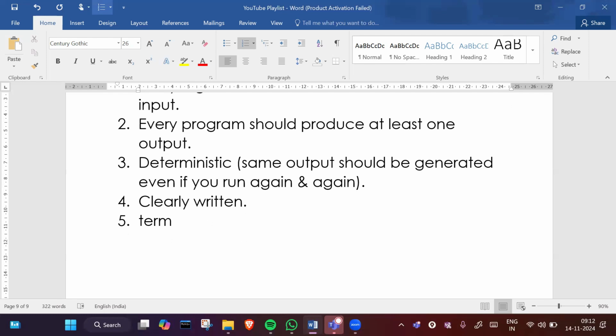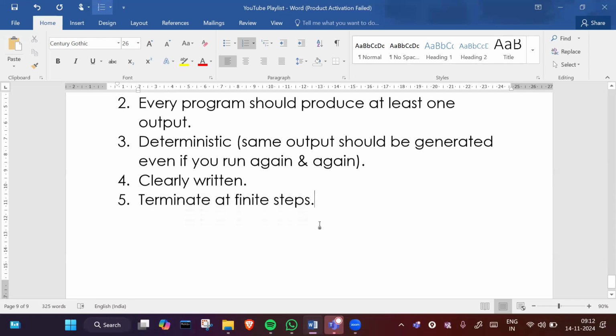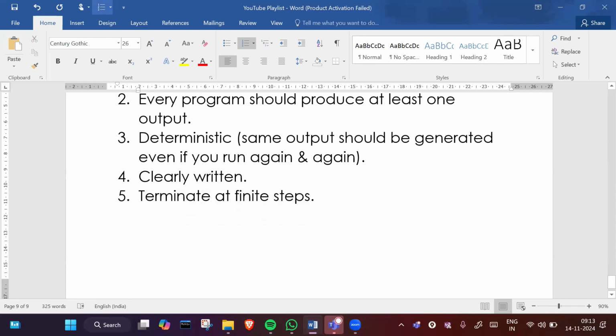And it should terminate at finite steps. If you are writing an algorithm and the steps of that algorithm are not finishing, it should not be infinite. This is the common thing you are understanding, I guess.